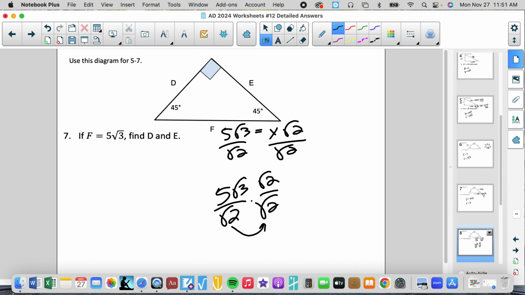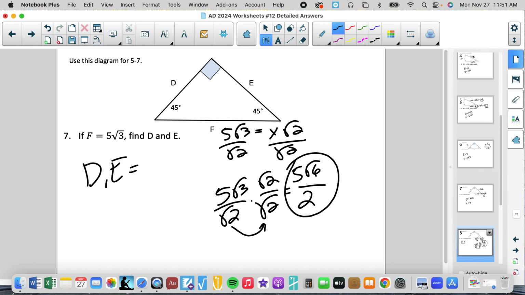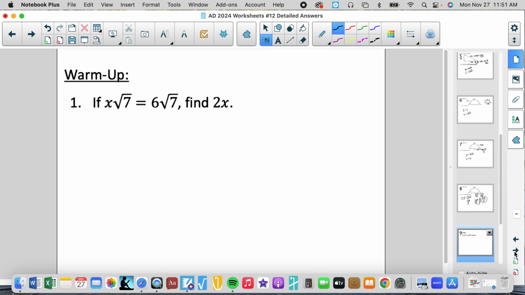If I multiply it by another rad 2, that gives me 2 in the denominator and 5 rad 6 in the numerator. That can't be simplified, so this is going to be my x value. D and E are going to be the same, so that's going to equal 5 halves rad 6, or 5 rad 6 over 2. Either of those would be acceptable. That's a good one. Hopefully you got that one right.